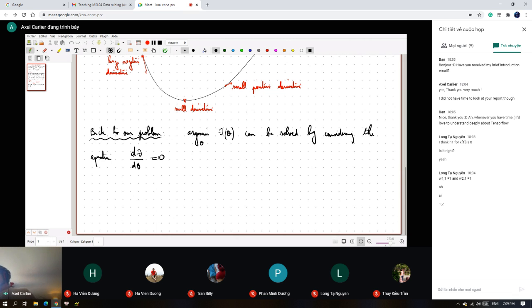Finding a minimum of the function, we know that on the minimum of the function, the derivative is null, is 0. The problem is, in practice, it's not easy to solve this equation.